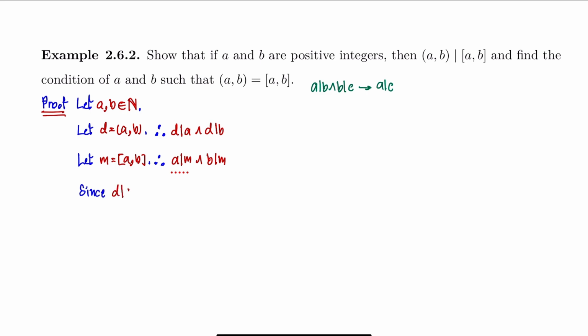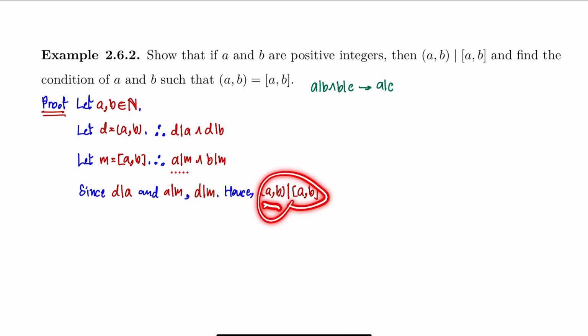We have D divides A and A divides M, so D divides M. And hence, since D is the greatest common divisor of A and B, and M is the least common multiple, we have that the GCD divides the LCM.